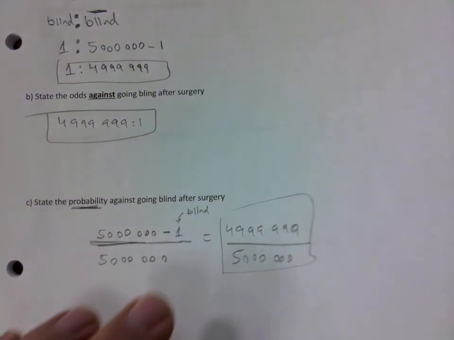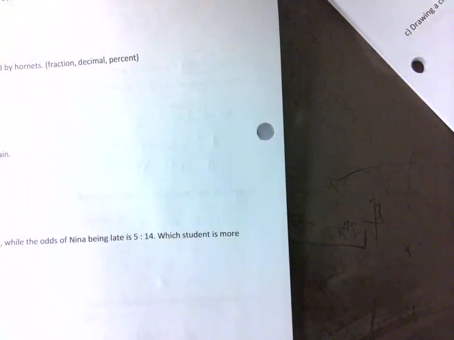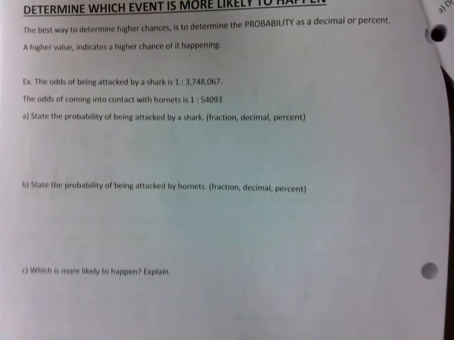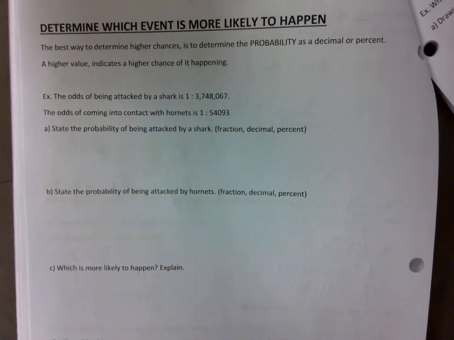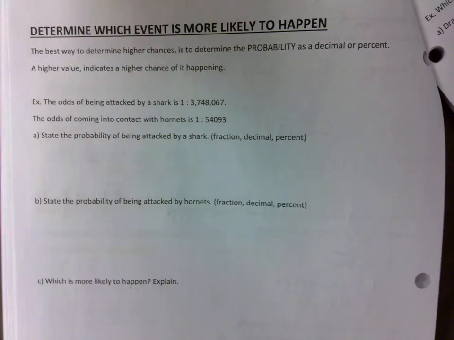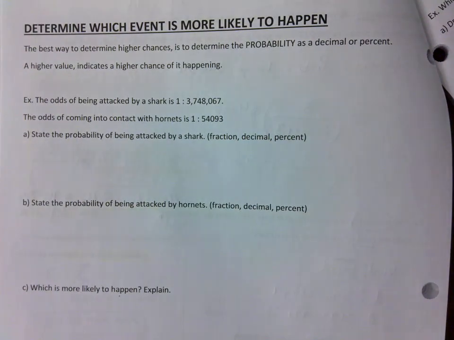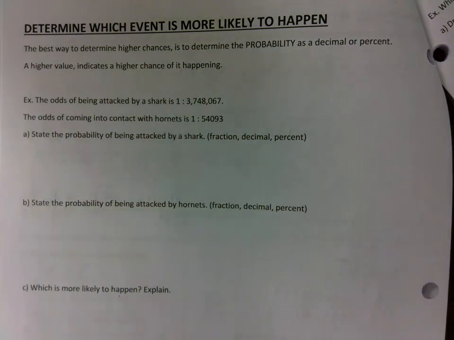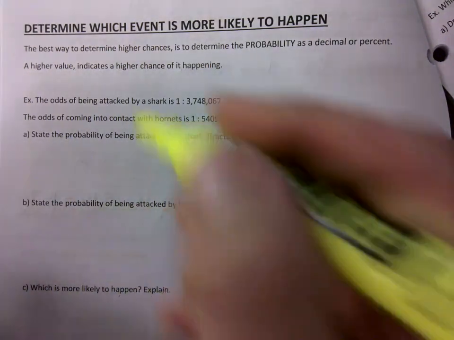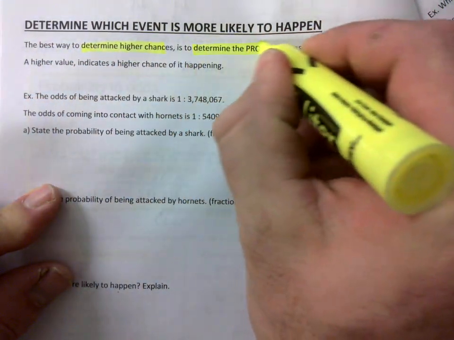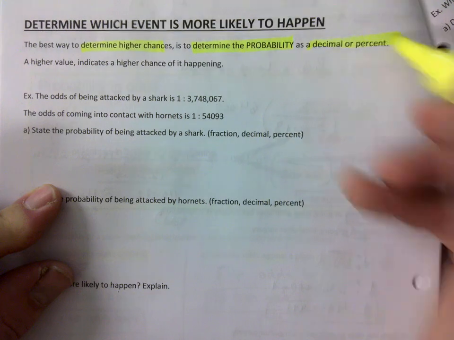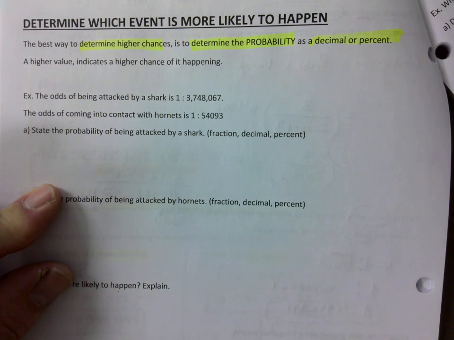23. Okay, this one is going to be on the AC as well, but it's not that difficult. It's basically using what you've already been doing before. Okay, so here we go. The best way to determine higher chances, right? To determine higher chances is to determine the probability as a decimal or percent. Okay?